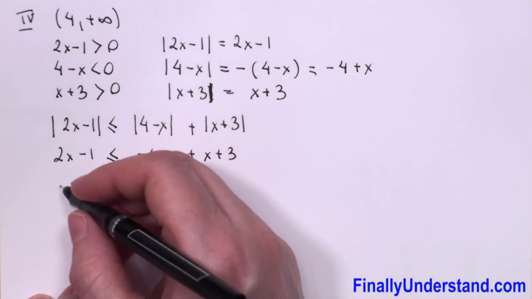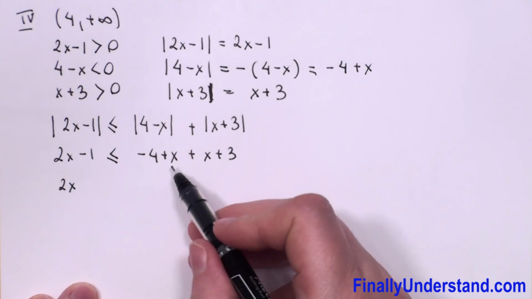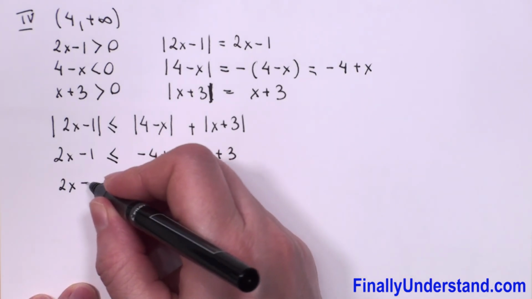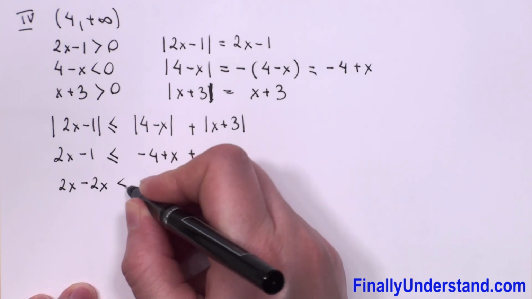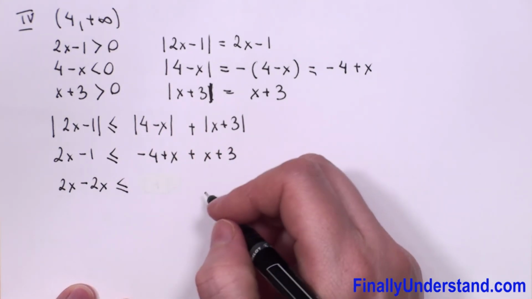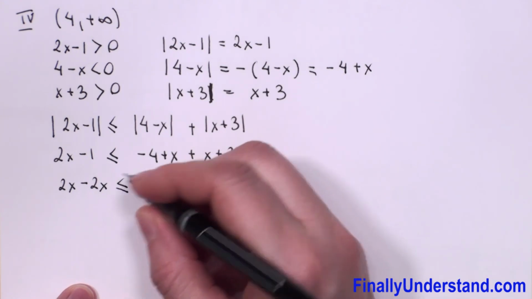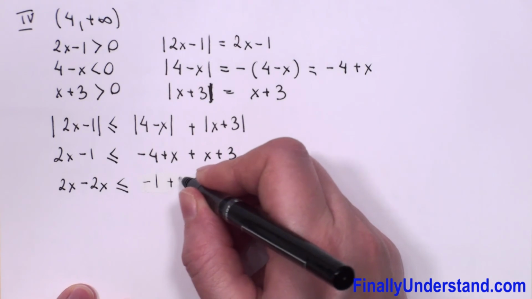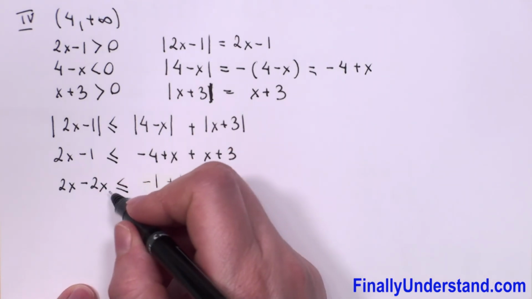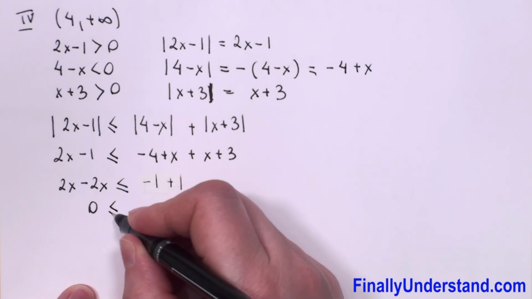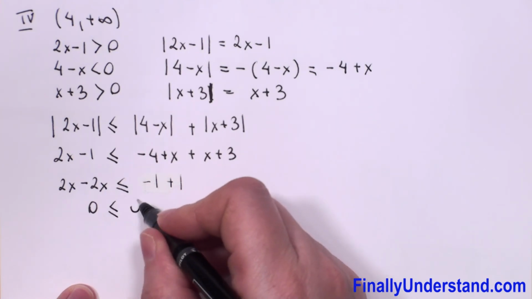So we have 2x, x plus x is 2x. I will move to the left side, so it will be negative 2x is less than or equal negative 4 plus 3 is negative 1, and negative 1 we will move to the right side, so it will be plus 1. 2x minus 2x is 0. 0 is less than or equal 0.